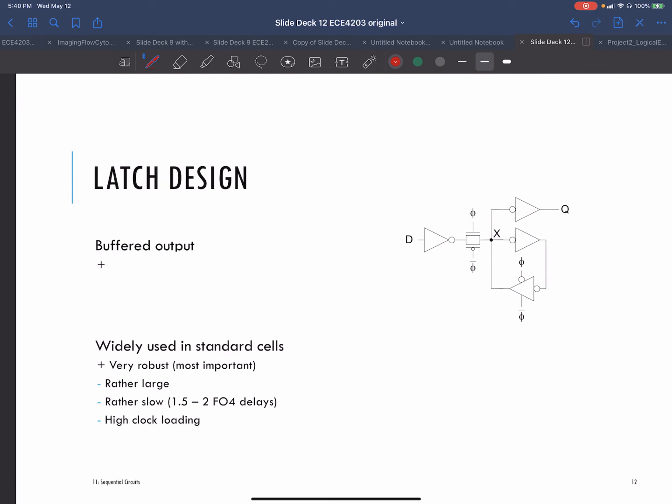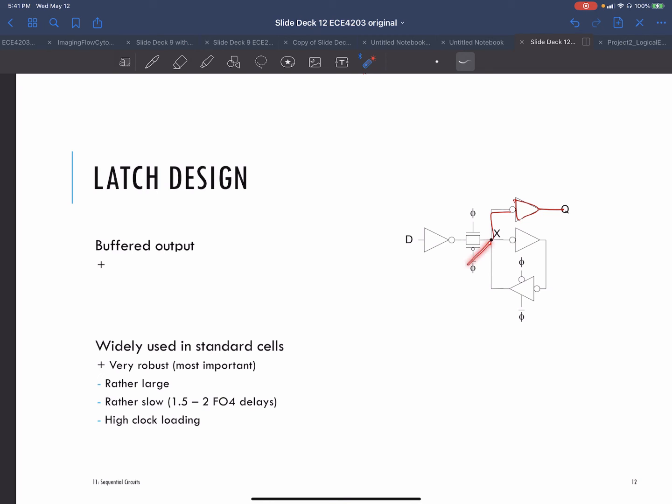You can keep adding inverters, etc. So you can separate your actual output Q from your feedback circuit. And this ends up solving a lot of your problems, but it does have some issues compared to where we started. So it's robust in the sense that you don't have to worry about leakage, no backdriving.